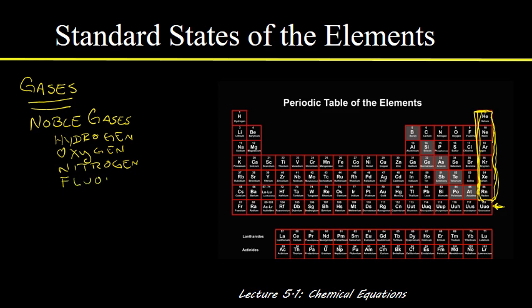Fluorine, which might be new to you. And chlorine, right? So it's the noble gases, and then these guys here. All right. So those are gases, you should know that.